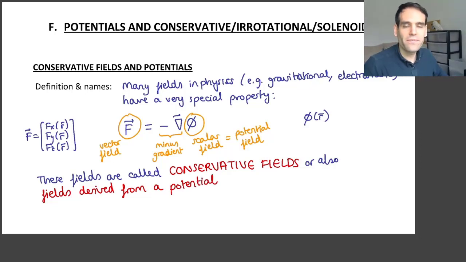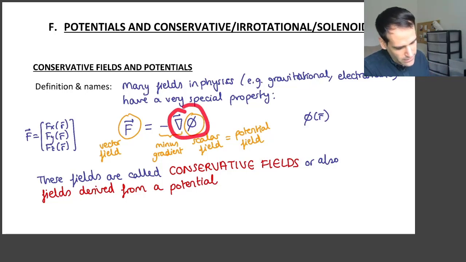So the gravitational field is a field derived from a potential because it can be derived from the gravitational potential. The electrostatic field is a field derived from a potential because it can be derived from the electrostatic potential. And the way to derive the field from the potential is simply to apply the gradient and then flip the sign.